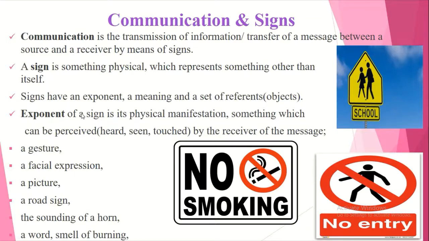The exponent of a sign is its physical manifestation, something which can be perceived, heard, seen, or touched by the receiver of the message. You can say a gesture, facial expression, picture, road sign, sound of a horn, a word, and the smell of burning are all physical manifestations, or the exponent, of the sign.